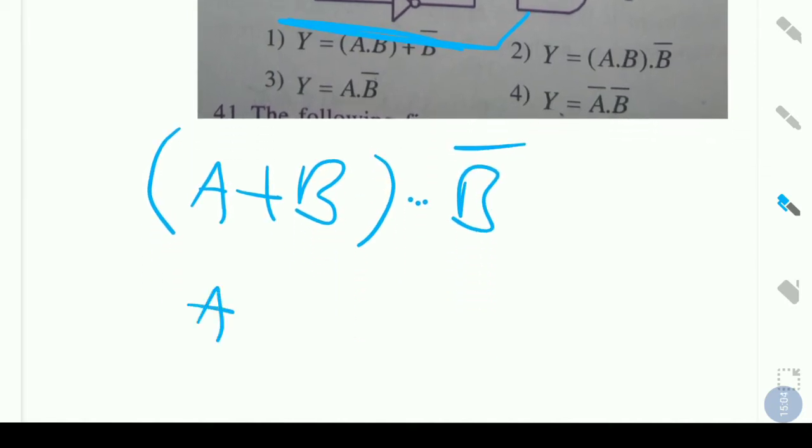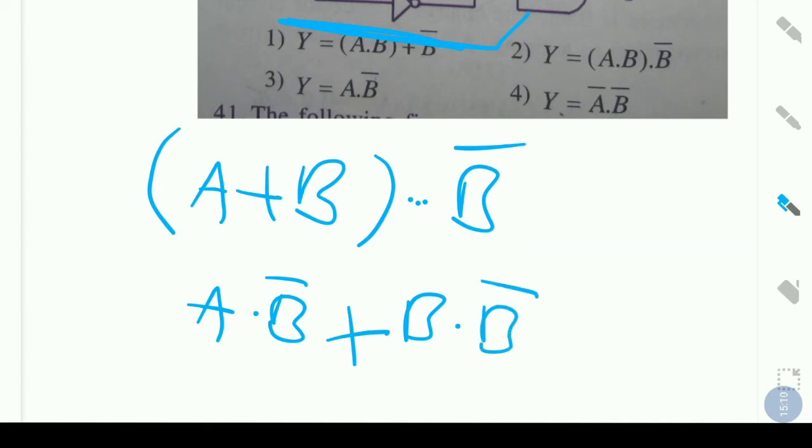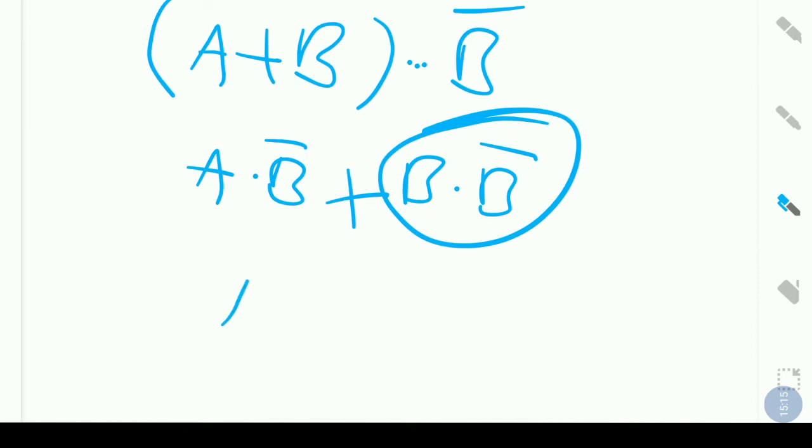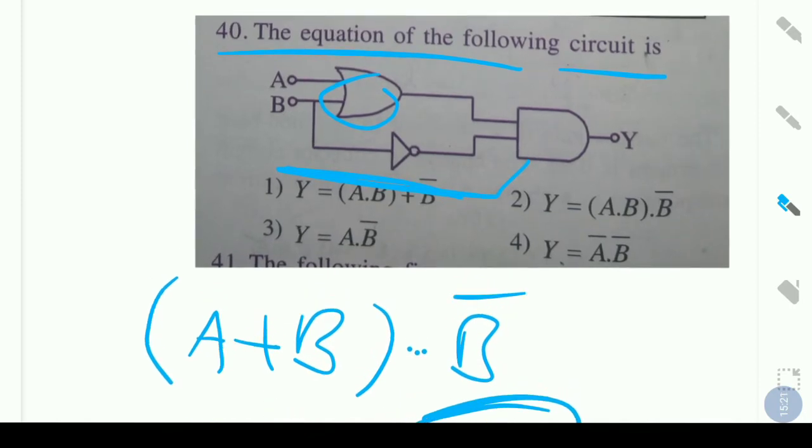So A dot B complement plus B dot B complement. B dot B complement is equal to 0. So our answer A dot B complement is right. Check the options. A dot B complement, third one is right.